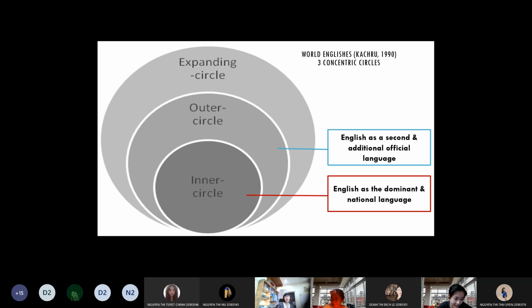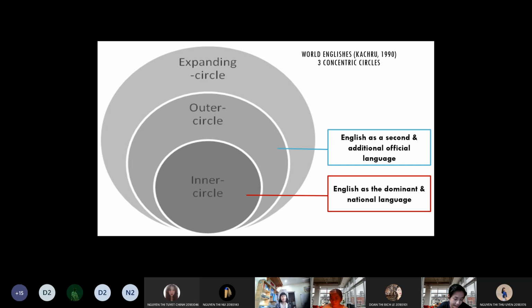Maybe there may be underlying reasons, right? Because English is widely used in Vietnam, yes, but the other foreign languages are also important in terms of diplomatic relationship, in terms of economic relationships.